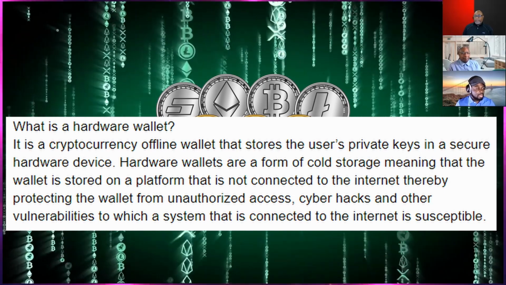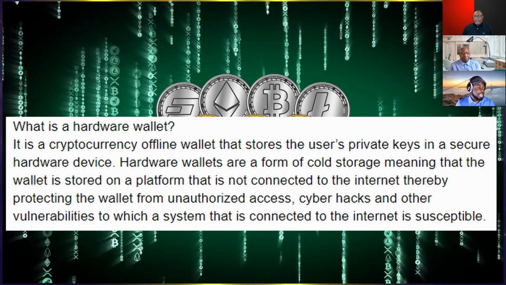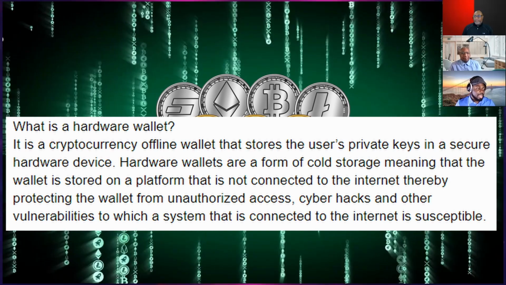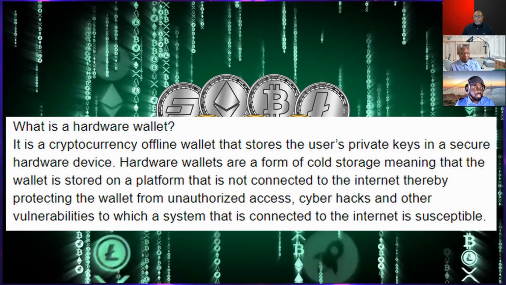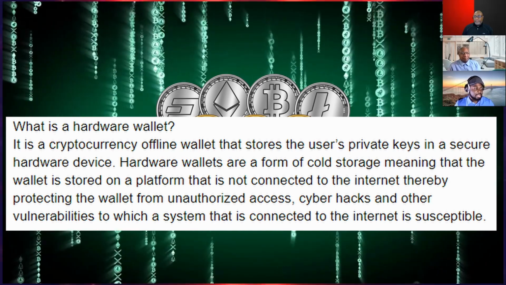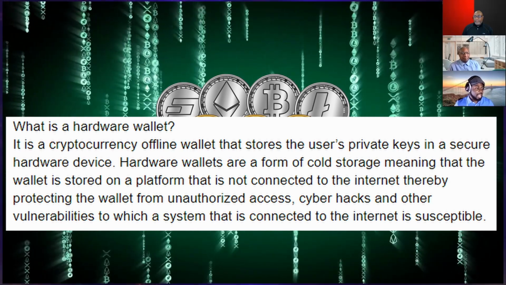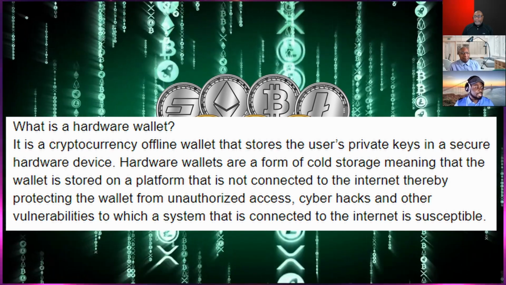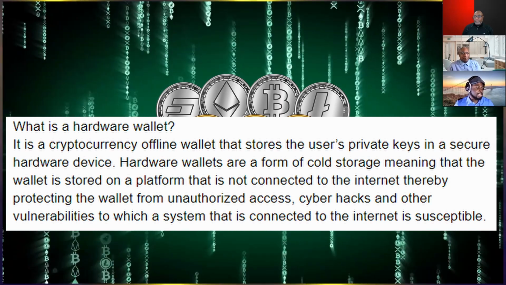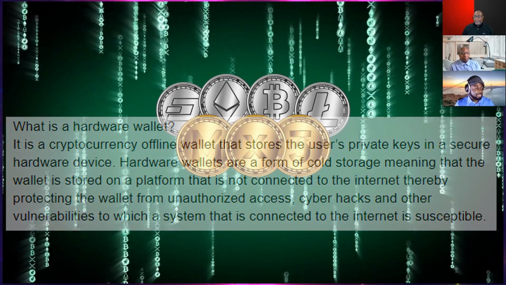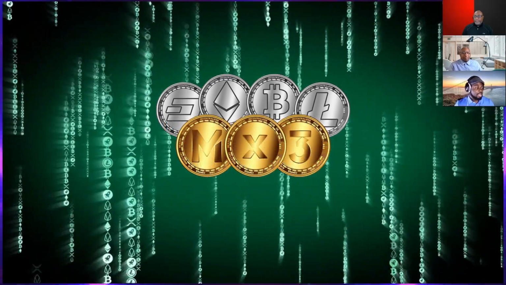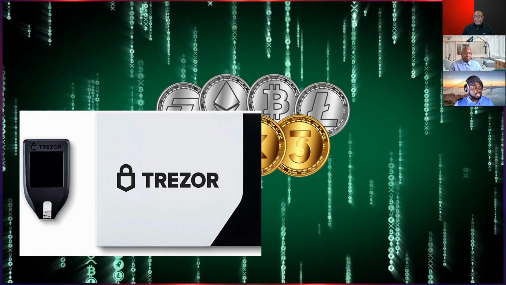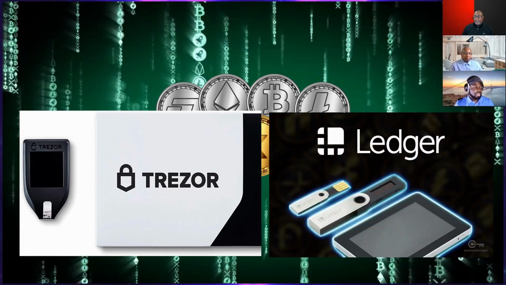Hardware wallets are a form of cold storage, meaning that the wallet is stored on a platform that is not connected to the internet, thereby protecting the wallet from unauthorized access, cyber hacks, and other vulnerabilities to which a system that is connected to the internet may be susceptible. Some examples of hardware wallets are the Trezor and Ledger wallets.